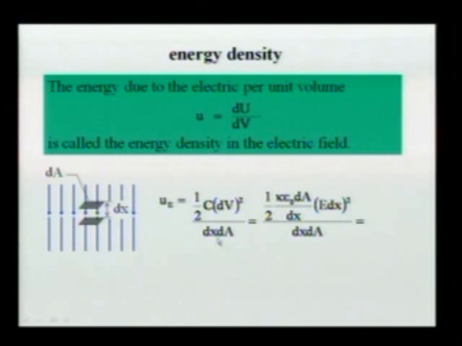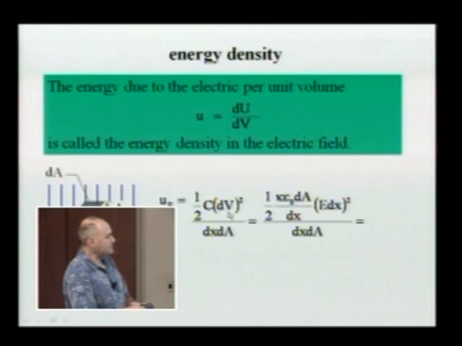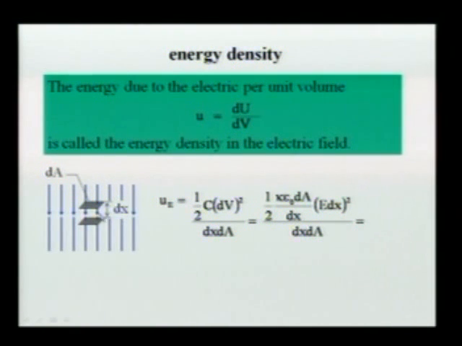Now let's explicitly relate it, substitute the potential difference and capacitance with the formulas which we derived before. So instead of capacitance, I explicitly relate it to the shape of this capacitor and the property of the space.